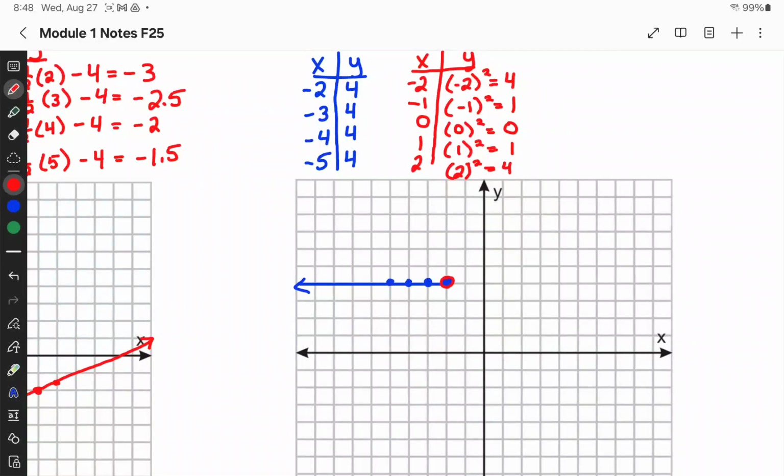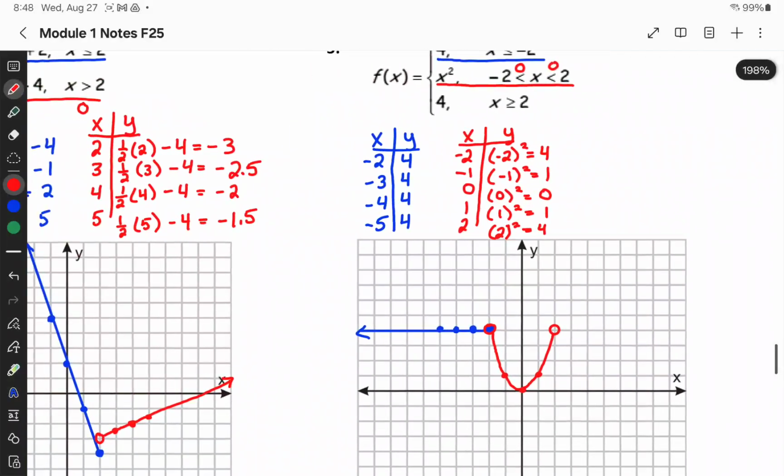So really on your paper, unless you're using colors like mine, you're not going to be able to see that there's an open point there because there's already a closed one. Next, I'll have a point here at -1, 1, another point at 0, 0, a point at 1, 1, and then once again at 2, 4, I'm going to have to use an open point there because, again, it was just less than. And then connecting those points, I'm going to have kind of a U-shaped piece of my graph here in the middle, which is going to look something kind of like this.